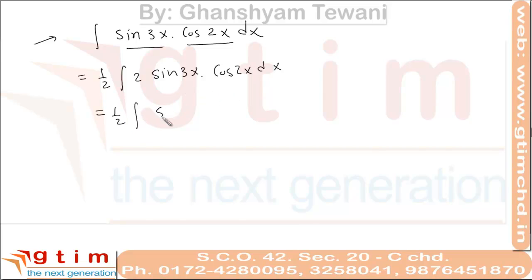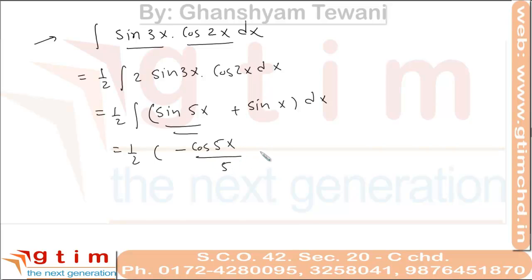That is sine plus sine, that is sine of 5x plus sine x. Integration of this function is minus cos of 5x upon 5, and integration of this function is minus cos x.